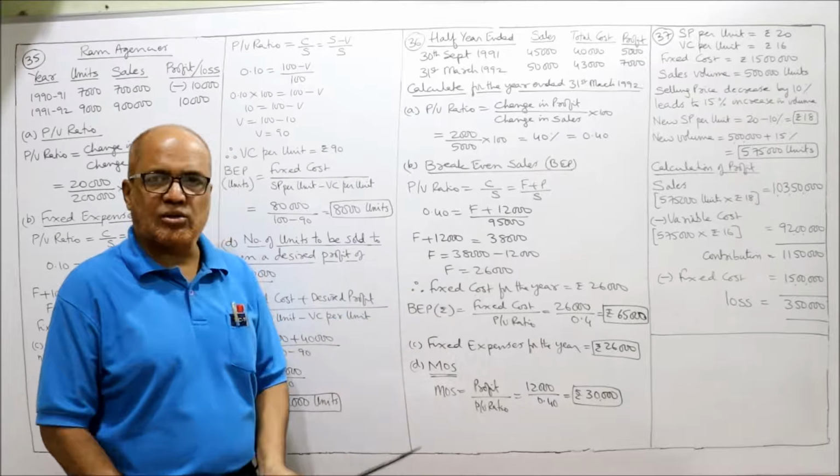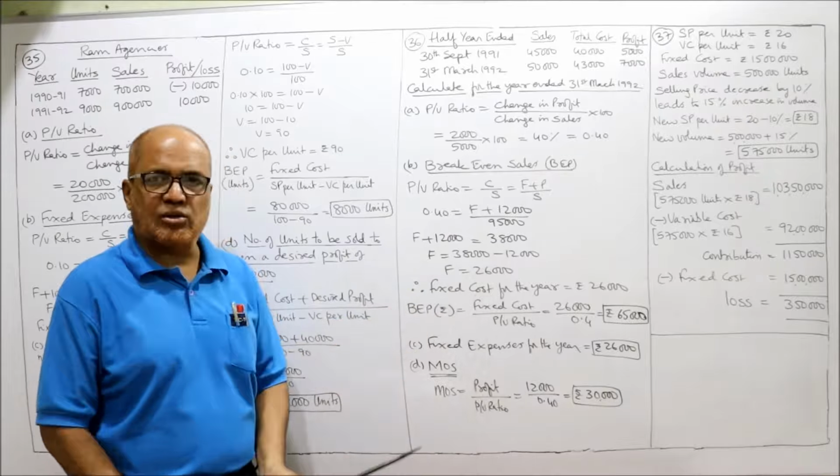From contribution deduct the fixed cost. The fixed cost will remain constant, whatever be the level of activity. The fixed cost is 15 lakh rupees. Subtract 11,50,000 minus 15 lakh. You are getting minus 3,50,000. Minus denotes loss.